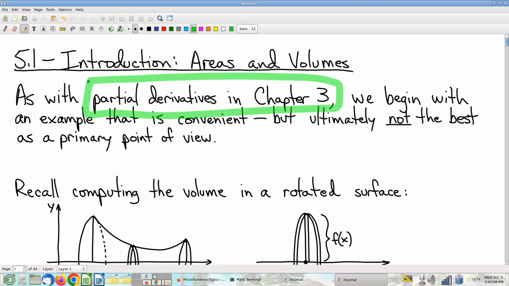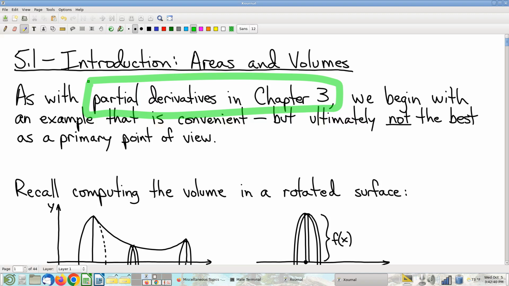Derivatives are relationships between input changes and output changes, and the broadest, most general way we can say that is to talk about the derivative matrix that you multiply by input change vectors to get output change vectors. And so the derivative matrix is really the best way to think about derivatives. I start with partial derivatives partly because the book does, but partly also because it's easy. It's relatable. It's an easy first step that doesn't require a lot of effort.